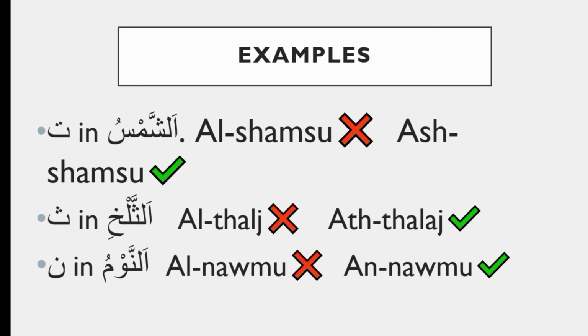As you can see, I didn't say al-thalji, but ath-thalji. Pronounce the alif and jump straight to the sound letter. Then we have an-nawmu. It can never be pronounced as al-nawmu because noon there takes shidda, and that's why it is a sound letter. A sound letter would always take shidda immediately after alif and lam.